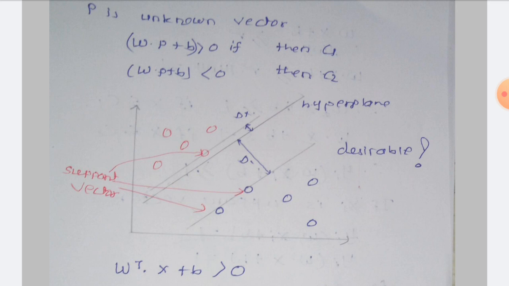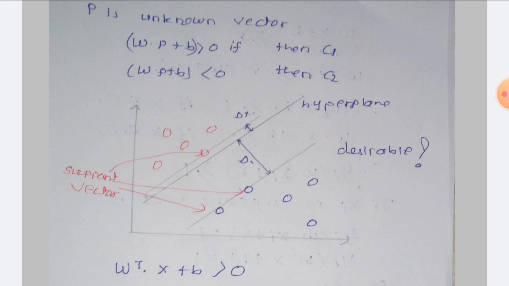Now if we draw the d plus distance and d minus distance, the distance between the hyperplane and the left side support vector point is very small. d plus is very small compared to d minus.